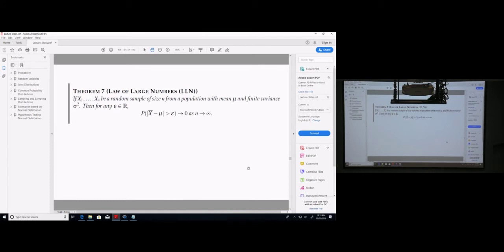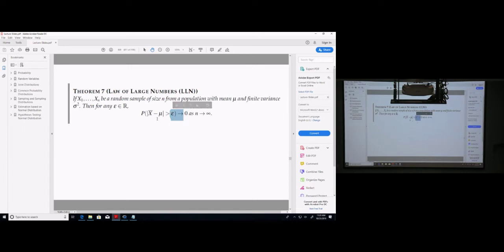The law of large numbers. If you Google it, there are two versions, and this one is what people qualify as the weak law of large numbers. If x1 up to xn is a random sample of size n from a population with mean mu and finite variance sigma squared, then the probability that your sample mean deviates from your target, which is what you want to know, by more than a certain tolerance that you set yourself, say, for example, I can't stand it when the error is 0.1.